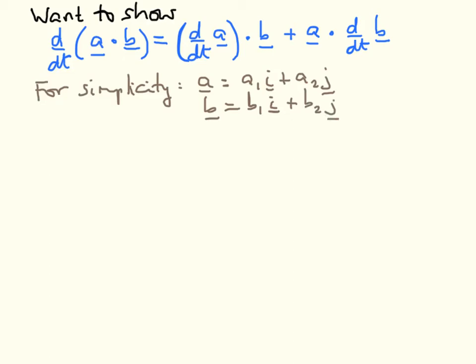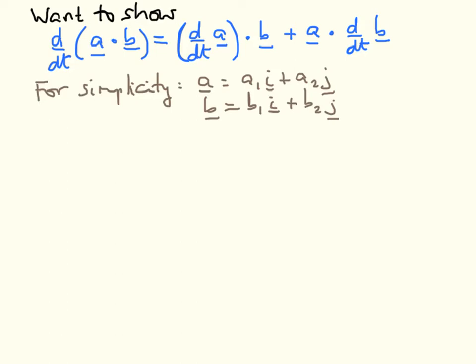And to extend to 3 dimensions and say you had plus a3 k plus b3 k here, it would be very simple. It just makes the equations a little bit longer, and it's a good exercise for you to try on a sheet of paper afterwards. So let's start with the left-hand side here, calculate it, and show that it's equivalent to the right-hand side.